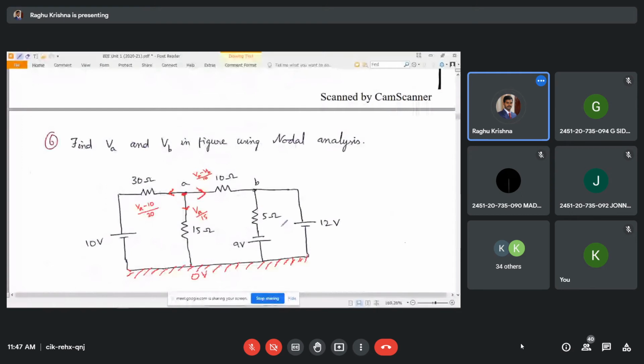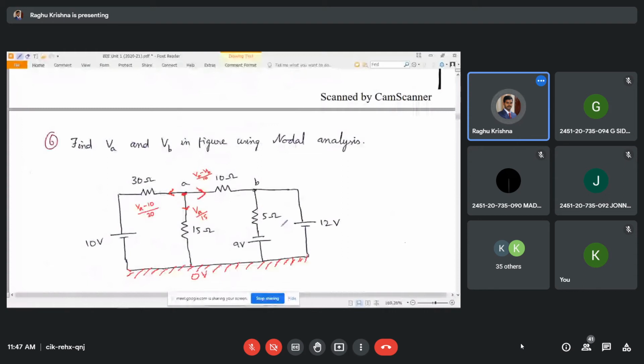So I have to write the KCL: VA minus 10 by 30 plus VA by 15 plus VA minus VB by 10 is 0, since the current is leaving the node.